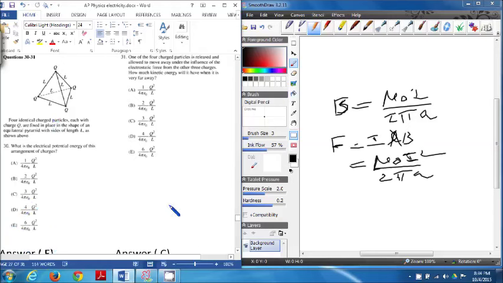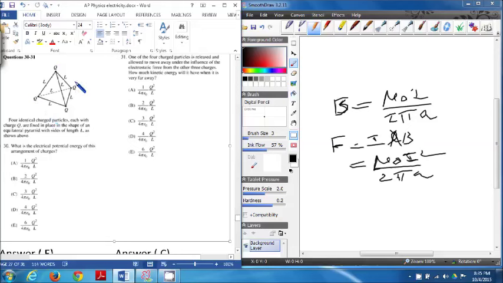Here, one of the four charged particles is released and allowed to move away under the influence of electrostatic force from the other three charges. How much kinetic energy will it have when it is very, very far away? The kinetic energy of the charge when it goes far away will be the potential energy of the original configuration minus the potential energy of the new configuration.